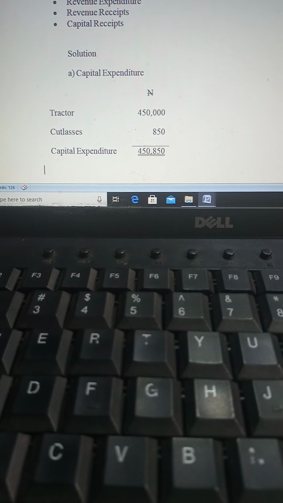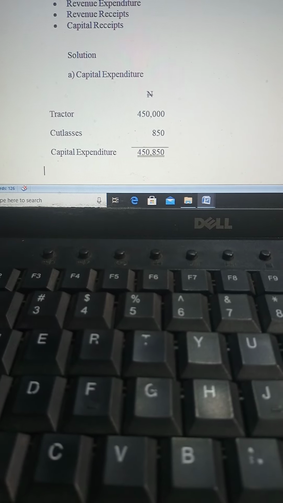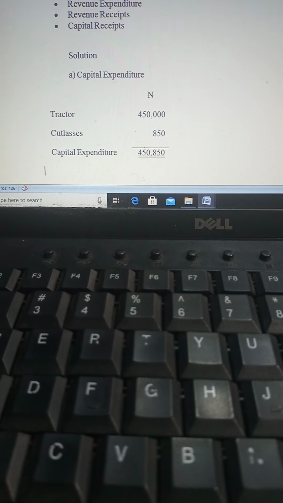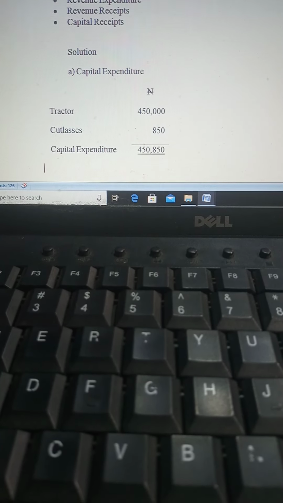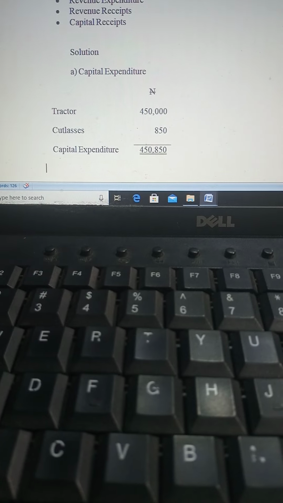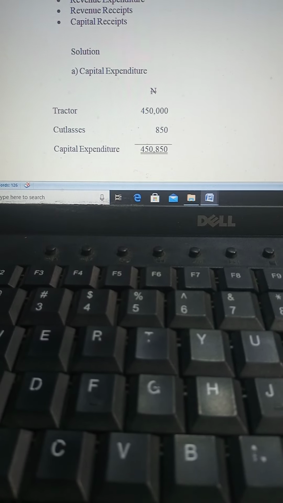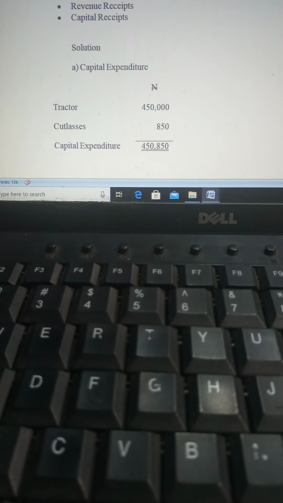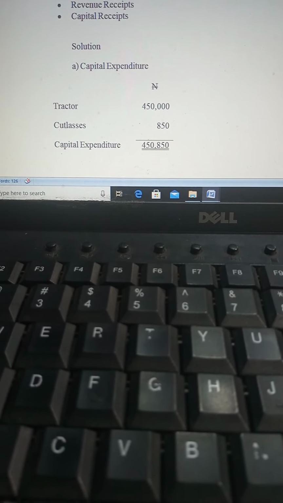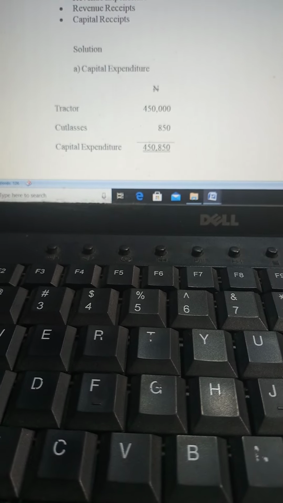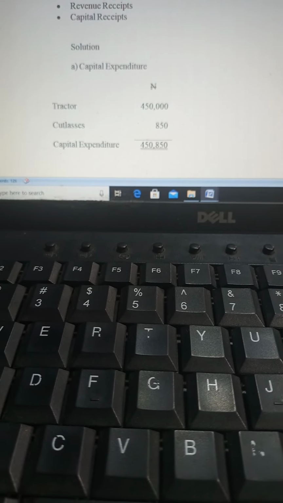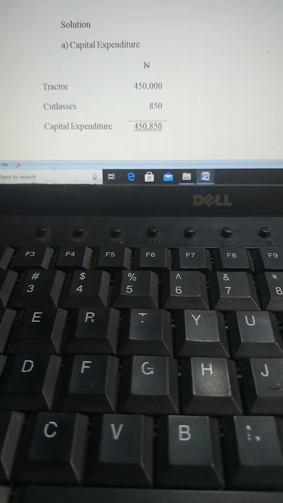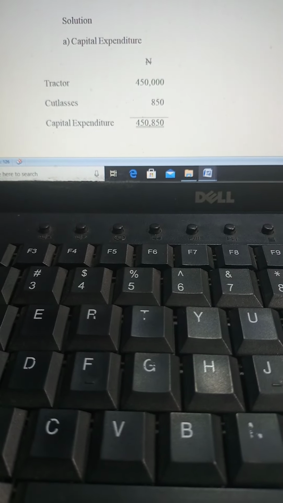So we now add these two together to get our capital expenditure. 450,000 naira plus 850 naira. So the total is 450,850 naira.